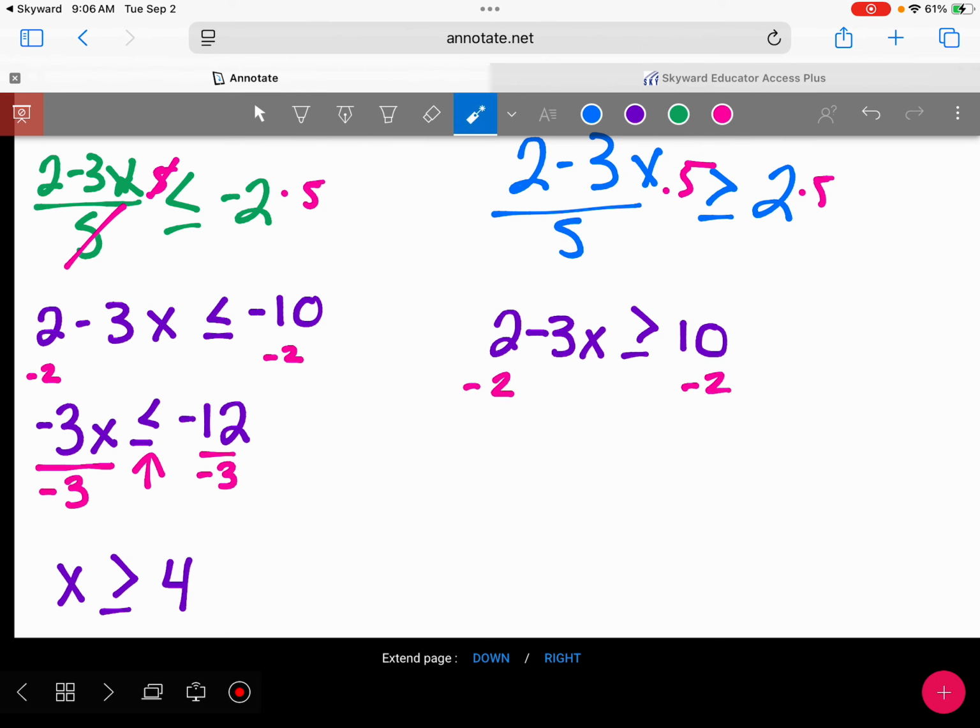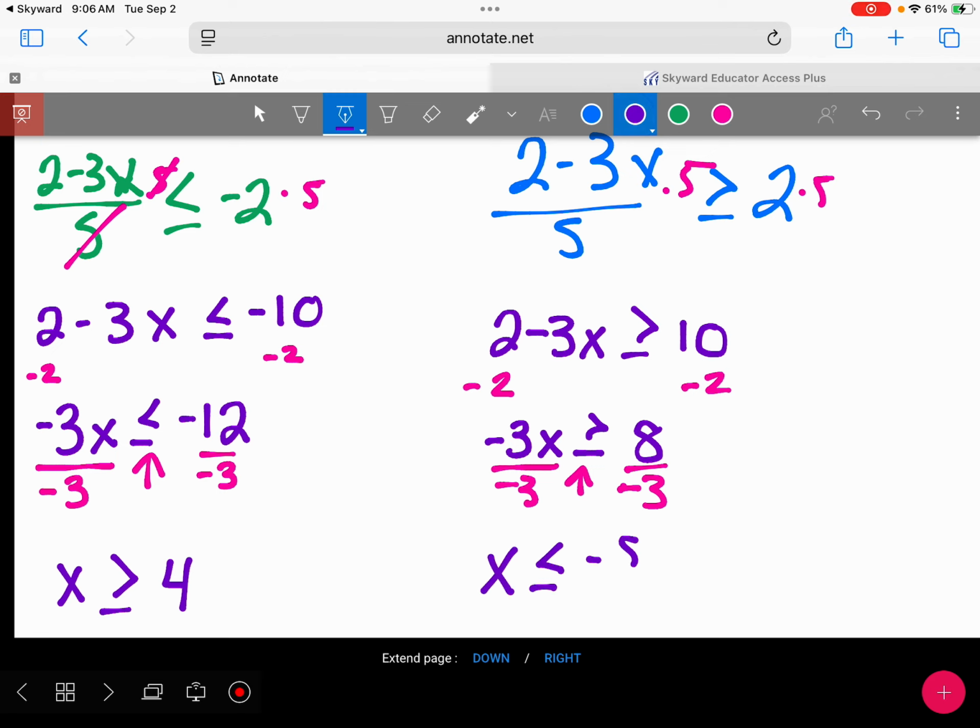That's going to give us our minus 3x is greater than or equal to 8. And when we divide by our negative 3, switching that sign, we're going to get that x is less than or equal to negative 8/3, which is totally fine, and it's a thing.